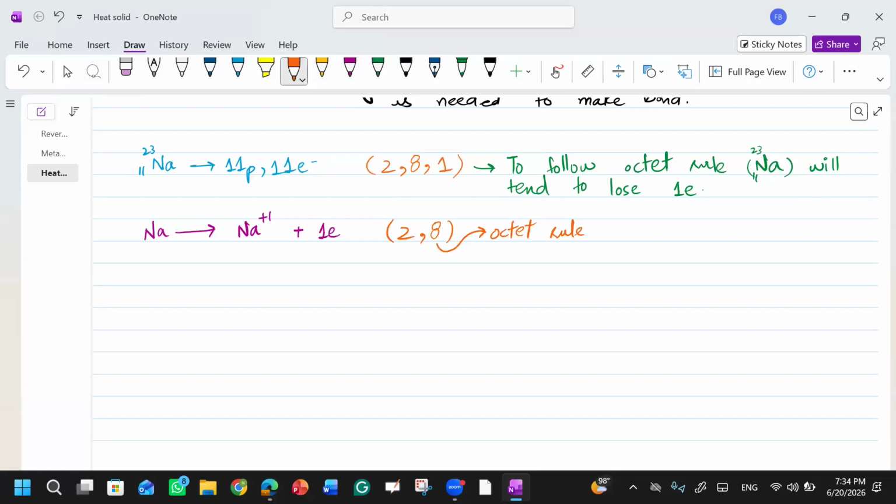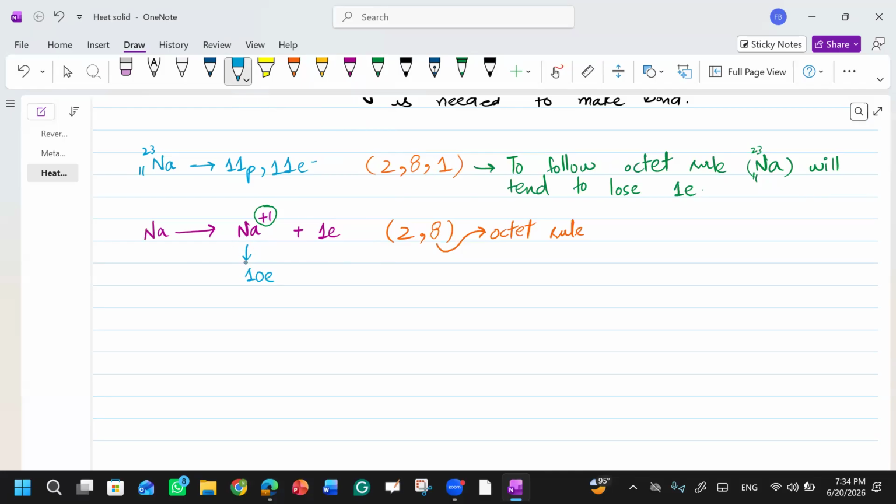Now my question is, why do we get a +1 charge on this? Why is there a +1 charge on it? Because it lost one electron. It means one electron is lost, so there are now 10 electrons in it. And how many protons are in it?